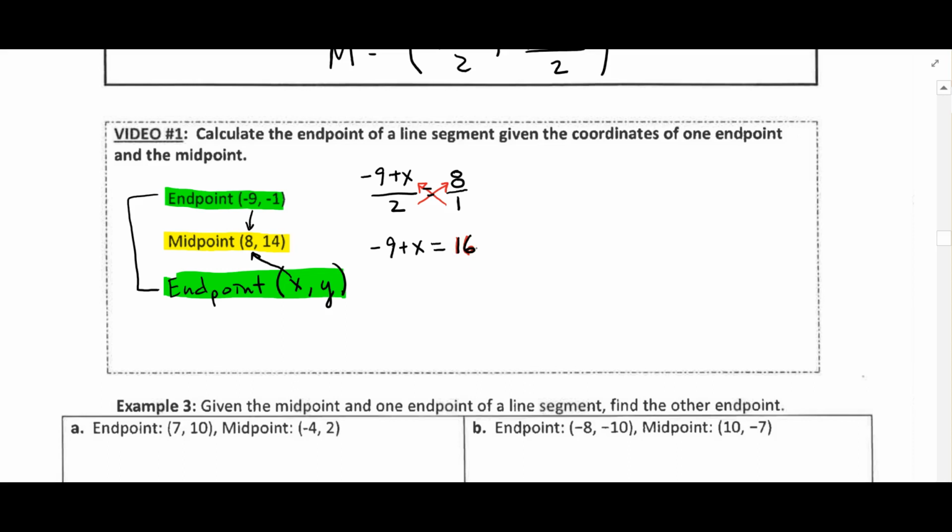And we're going to use our inverse operation, so I'm going to add 9 to both sides, and those cancel out, and I get that x is equal to 25.